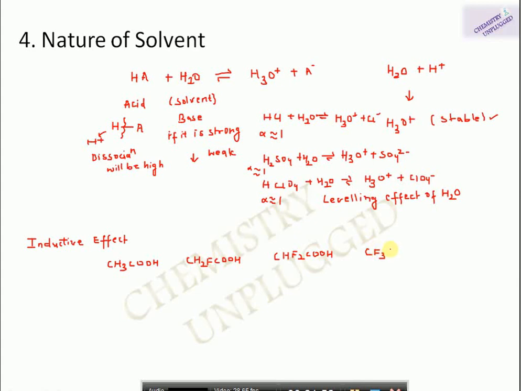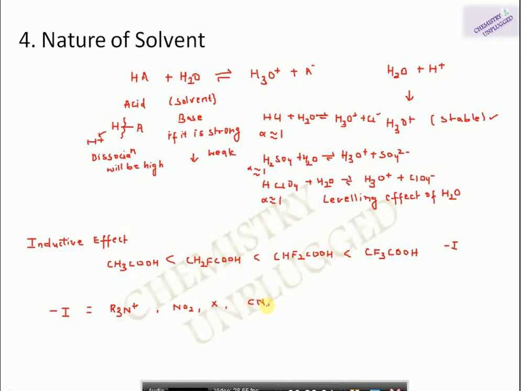In this case it will become CH2FCOOH, then CHF2COOH, and when we replace all, it will become CF3COOH. We all know that fluorine has a minus I effect. It will attract electrons towards it. In this way, the proton can easily be removed from the molecule, and it acts as a strong acid.